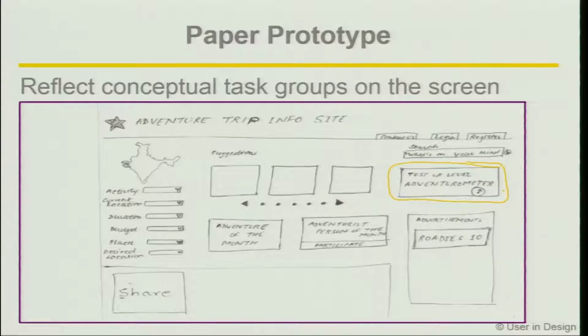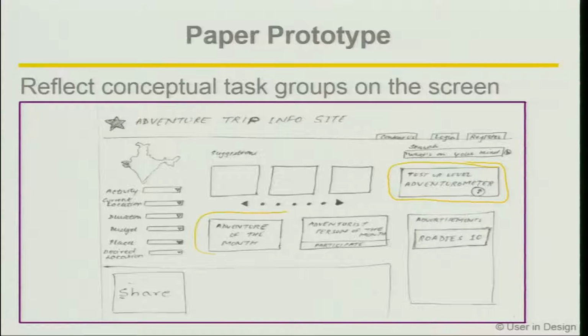It's an adventurometer, like how much adventure can you stomach. Okay, then there's the adventure of the month, where they're reflecting what is the most popular adventure, then the adventurist of the month. So again, remember, these are all related to that anxiety that people feel.